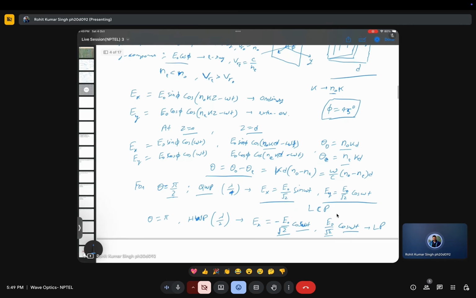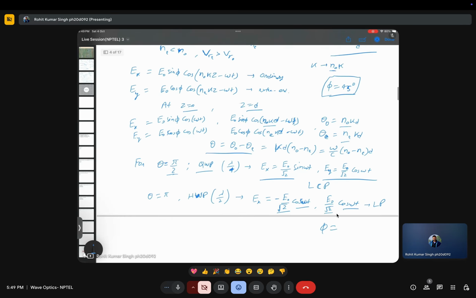You remember the phi was tan inverse of plus minus A by B, right? So this will lead to 135 degrees if you put these two as A and B, okay?